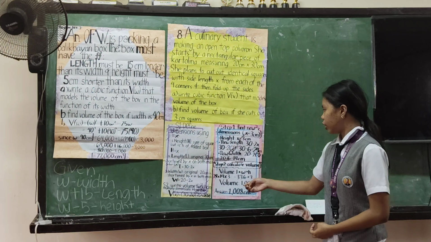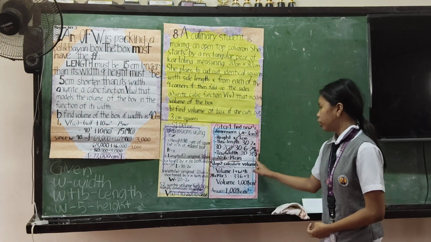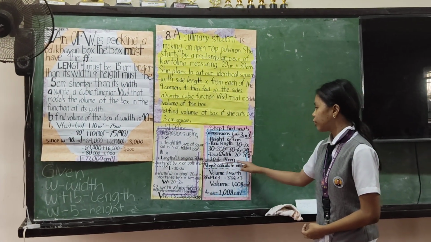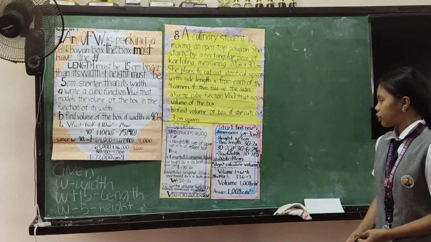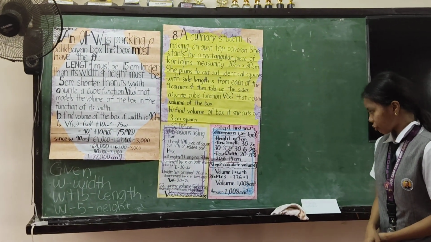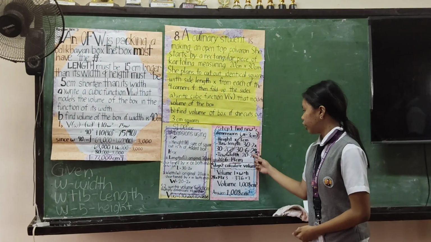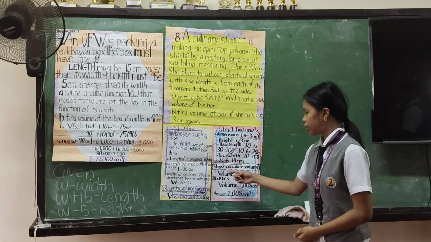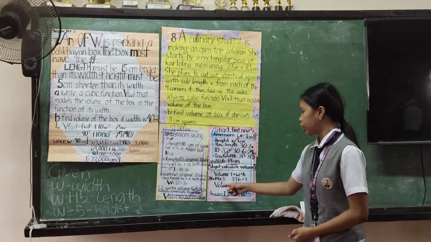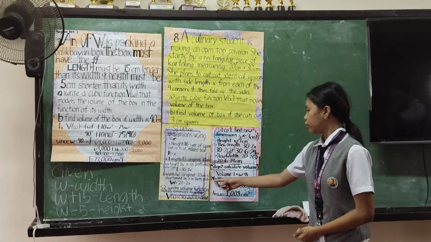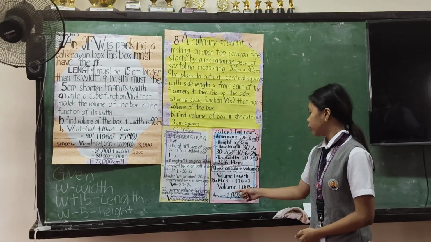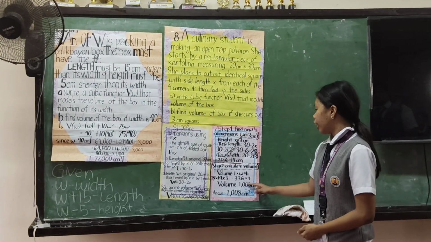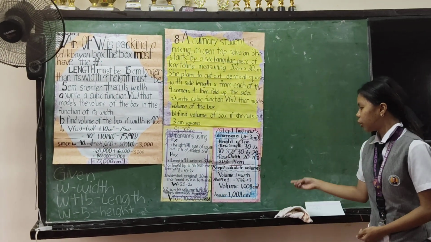Our new width would be 20 minus 2 times 3, 20 minus 6, which is equal to 14 centimeters. Now, next step is to calculate the volume. Multiply our length by its width times its height: 24 times 14 times 3. We get 24 times 14, 336, times 3. Our volume would be 1,008 centimeters cubed.